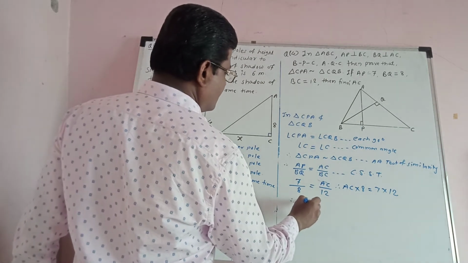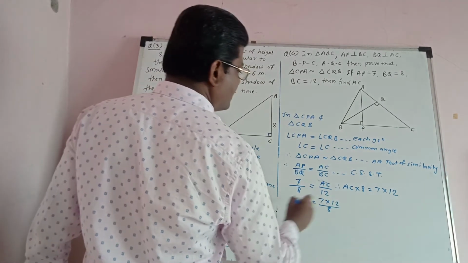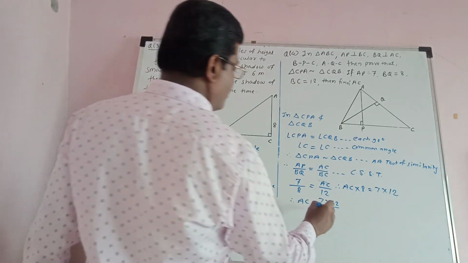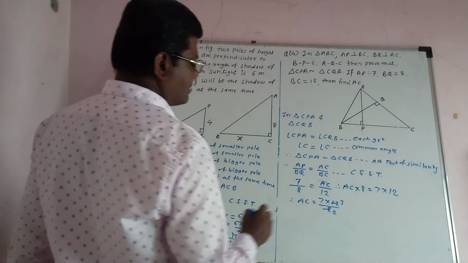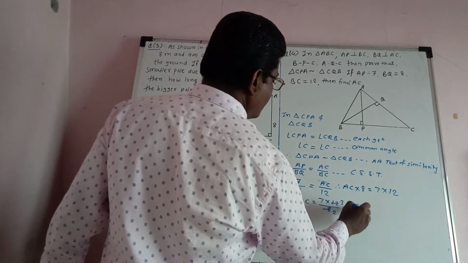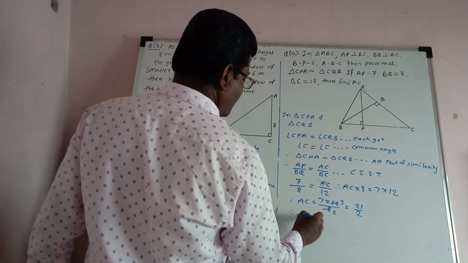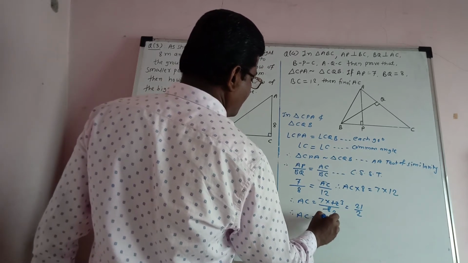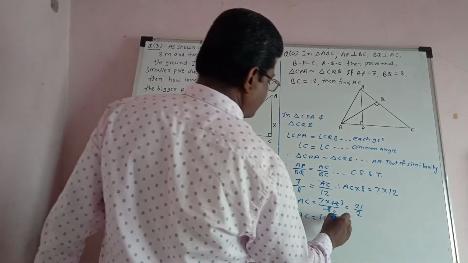Therefore, AC is equal to 7 into 12 upon 8. 4 2s are 8, 4 3s are 12, 7 3s are 21, 21 upon 2. Therefore, AC is equal to 10.5 units.